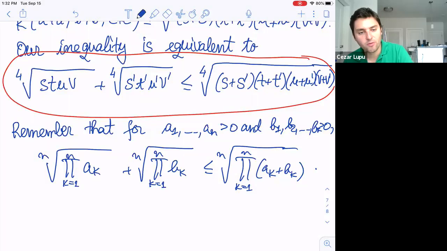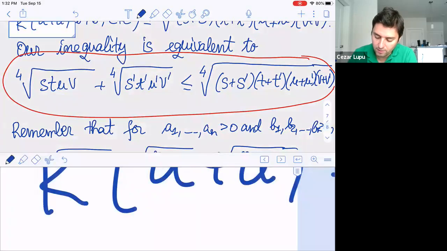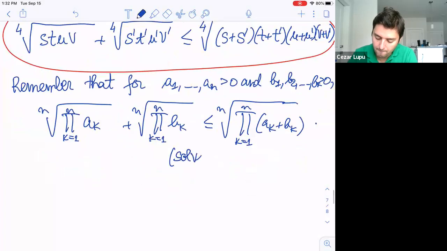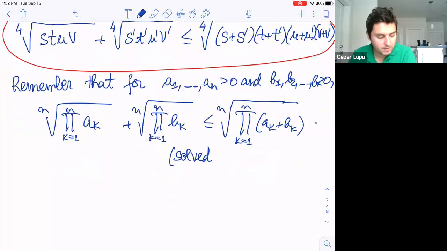Well, if you take n equals 4, what do we obtain? This was solved in recitation 1.